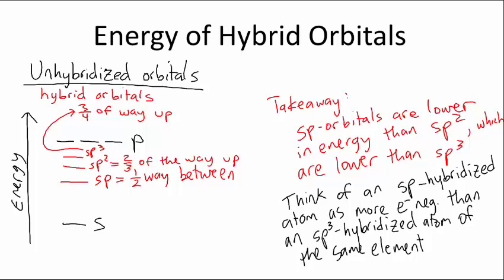So if you look at everything through the lens of electronegativity, electronegativity is a big concept for us. If you look at everything through that lens, one way to internalize this is to just think an sp hybridized carbon atom has effectively a higher electronegativity than an sp3 hybridized one.